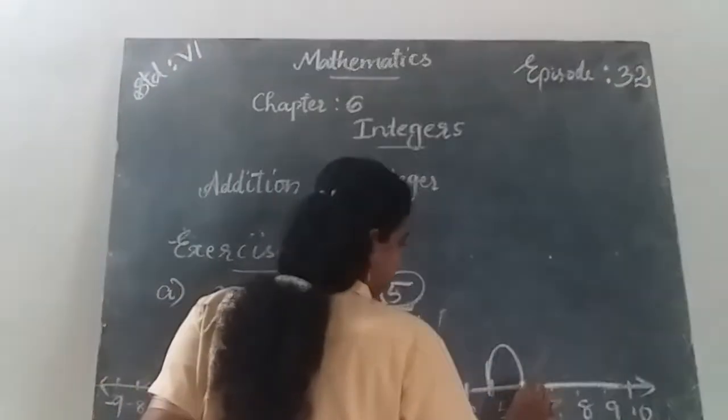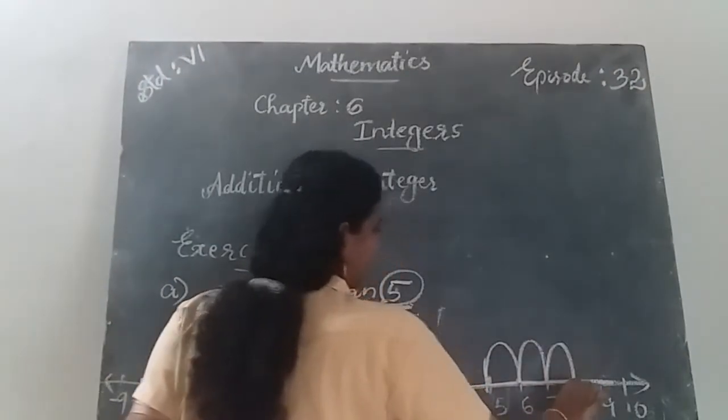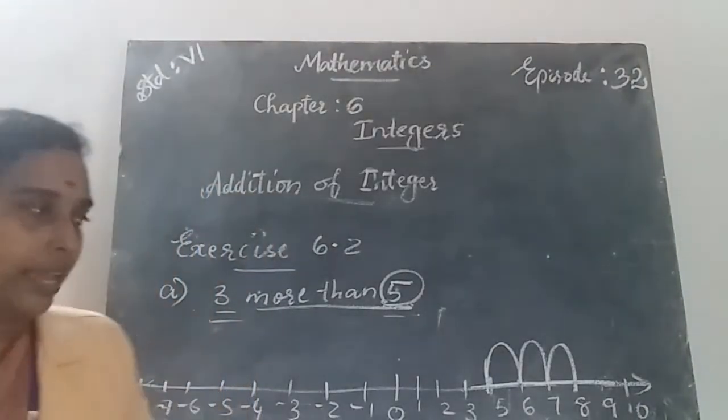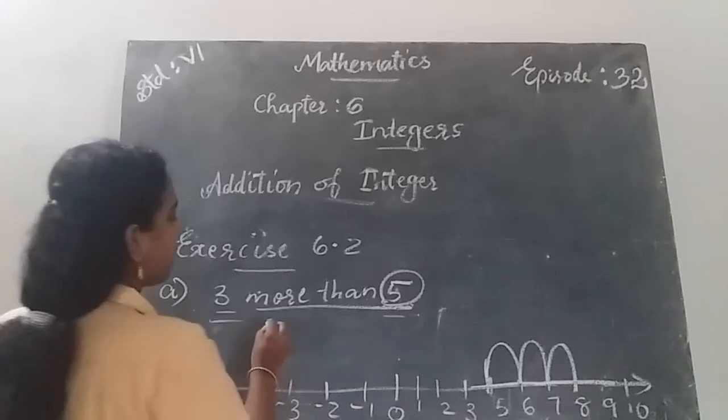It is 1, 2, 3. Then we reach the point 8. So we get 8.